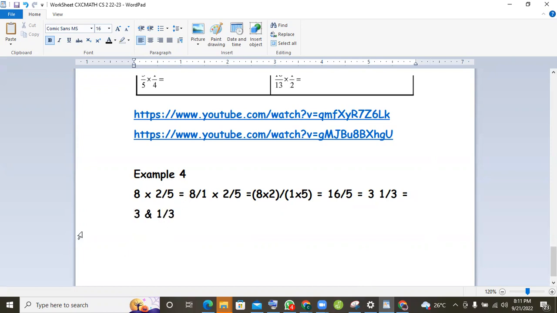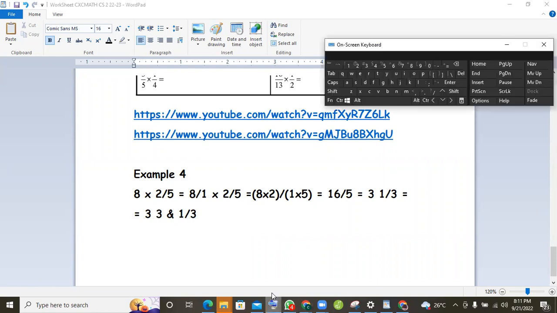We know this is one of the symbols for and. If you want, you can write 3 and write the word and, A-N-D. 3 and a fifth. But we know this symbol also represents and.